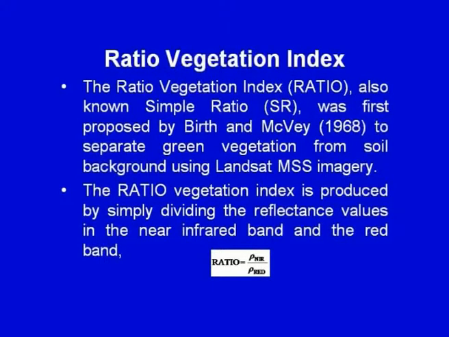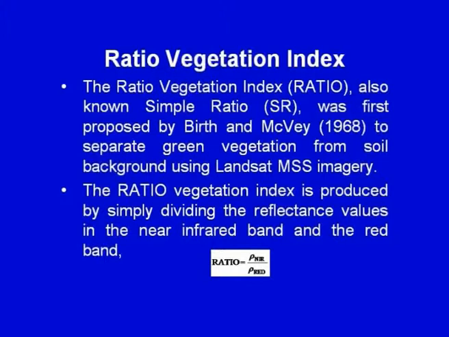First is the ratio vegetation index, commonly known as ratio or simple ratio, first proposed by Birth and McVie in 1968 to separate green vegetation from soil background using Landsat MSS imagery.